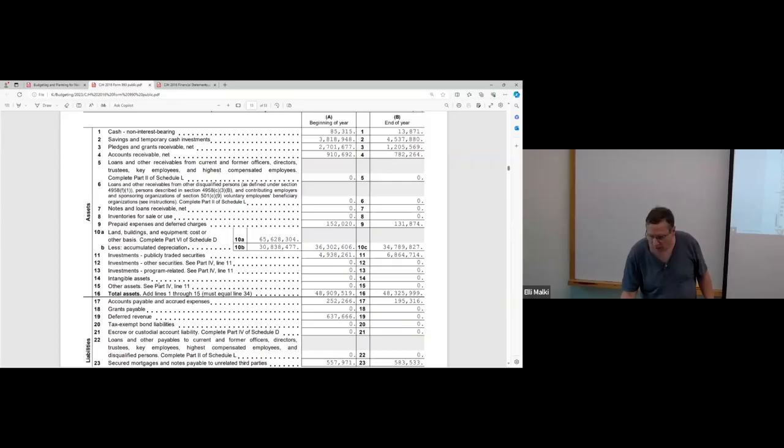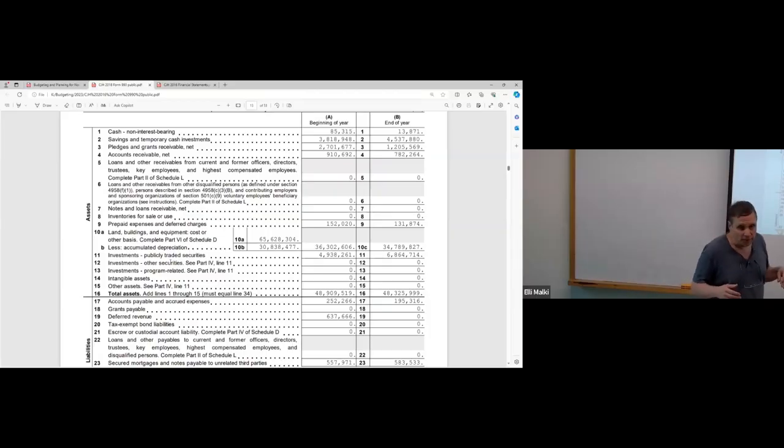Most of them are empty. What we have here is investment in publicly traded securities, and then investment in other securities. In general, these figures represent funds that are held by the organization, but they're not 100% liquid.